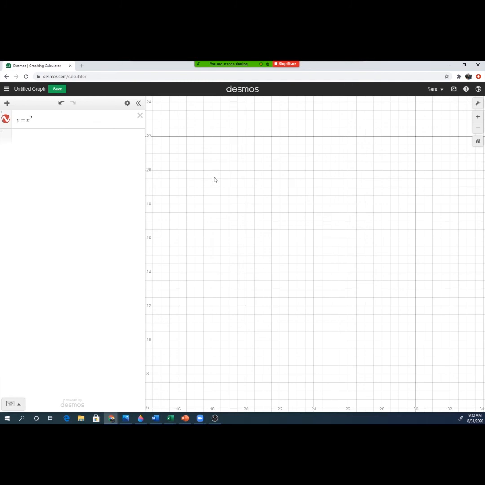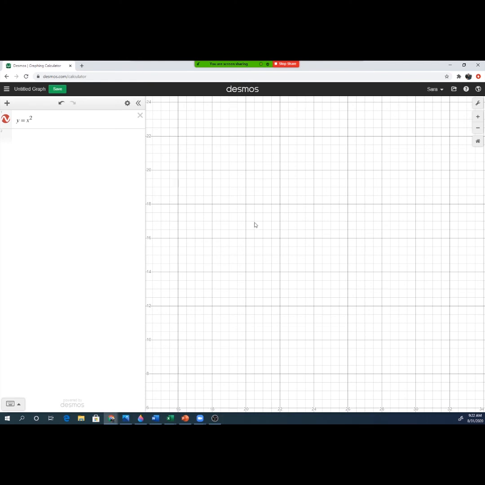It automatically, they had used the domain and range to find their own window. And window just means, like here on the x's, I'm going from, looks like 14 to 34 on the x, and from 6 to 24 on the y. That's the window. And they had needed that window for their function, but then they had deleted their function.